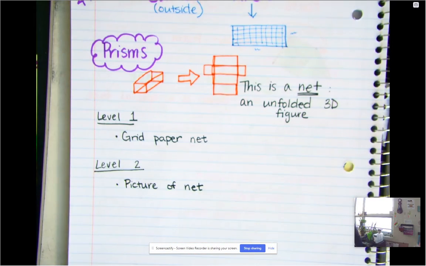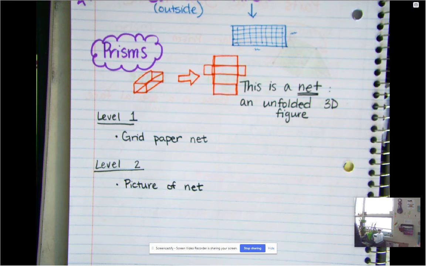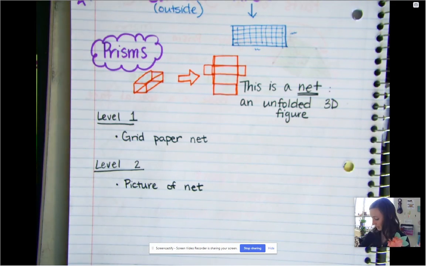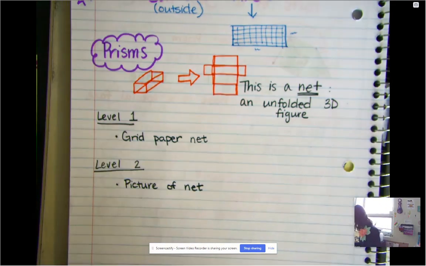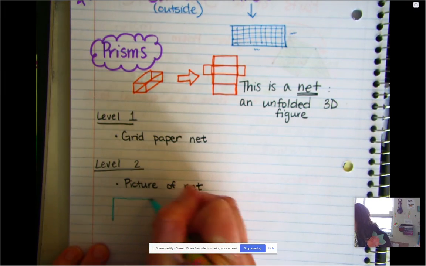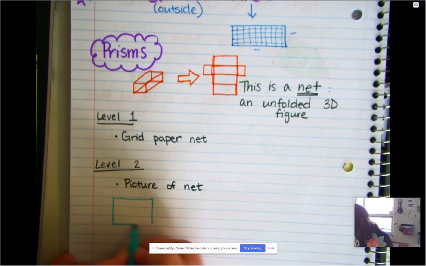So an example in your book would be, they show you a rectangular prism that starts out looking like this as a regular figure.